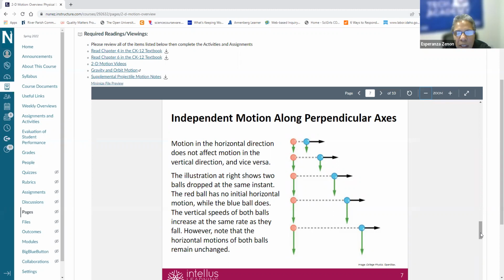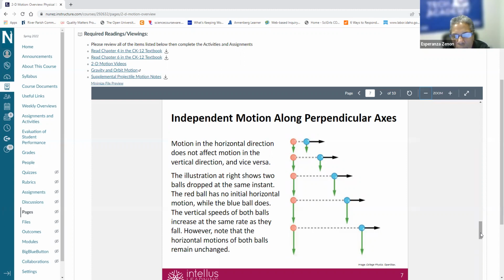So that's what they're showing you in the picture here, right? Now, what you have to visualize in your mind is that horizontal and vertical motion are happening at the same time, but we're just looking at each of those independently. And that's why all the pink balls represent the vertical motion by itself, and all of the blue represent the horizontal motion by itself, okay?